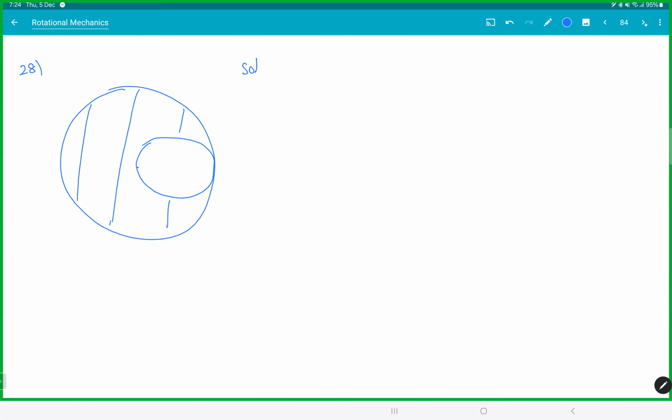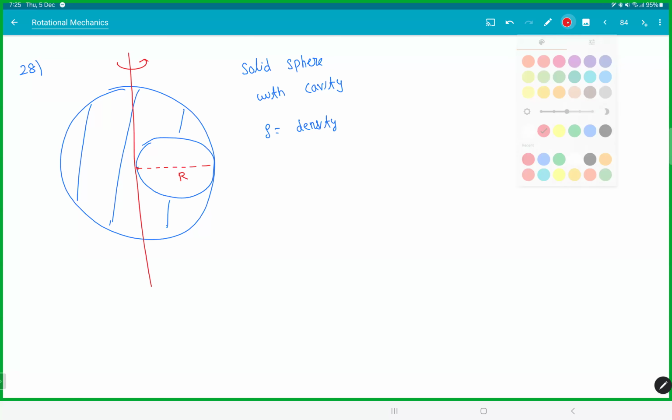This is a solid sphere with a cavity. Density is rho, radius is r. Remember, it's a solid sphere with a cavity. Technically speaking, you can't see the cavity, it is inside. We have done something like this in moment, center of mass. I told you, whenever you have cavities, what to do?